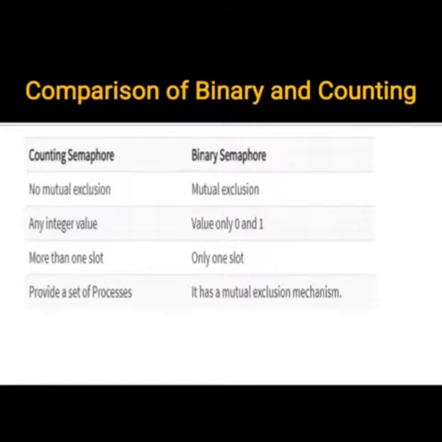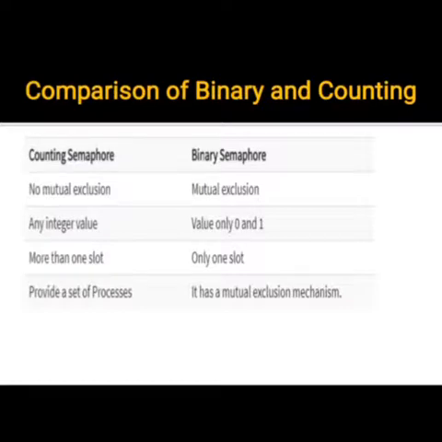Now we'll see the comparison of binary and counting semaphore. In binary semaphore, a mutual exclusion mechanism is involved. That is, at a time only one process can share the resource or can use the resource.